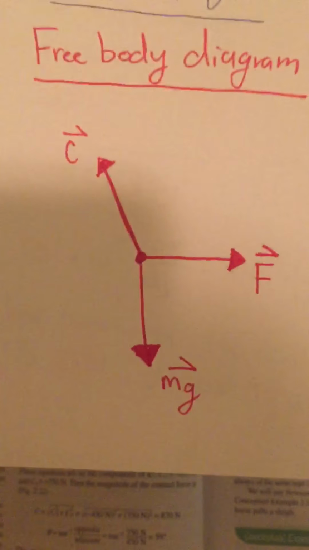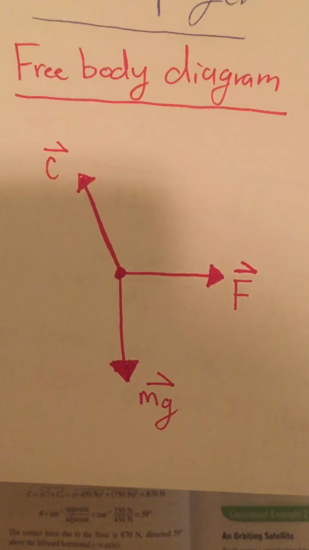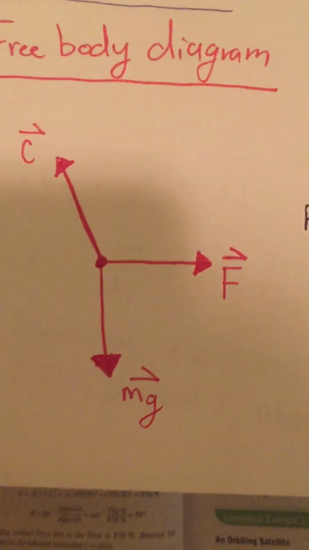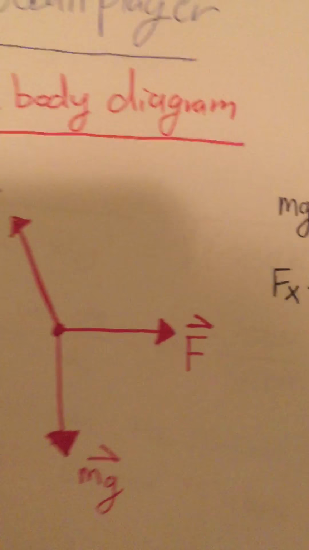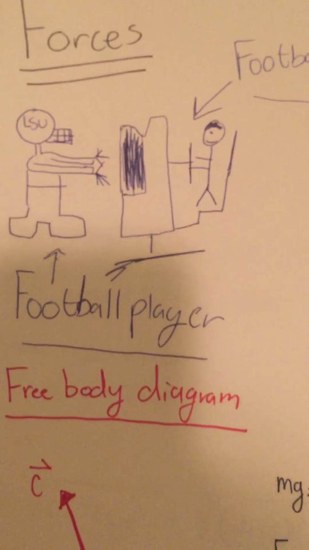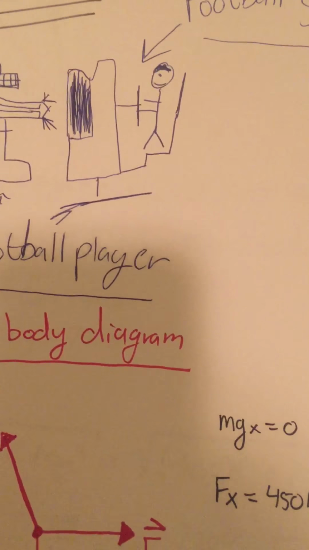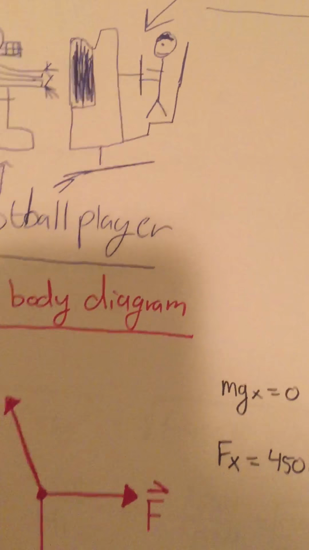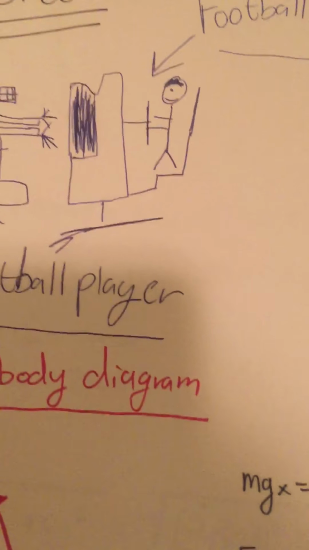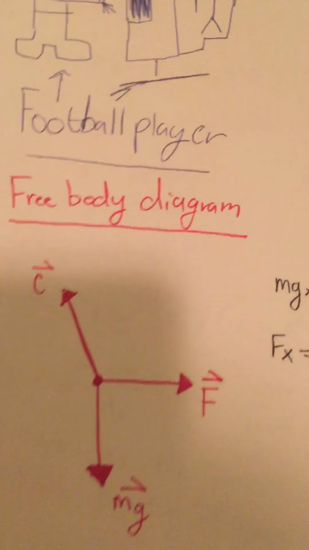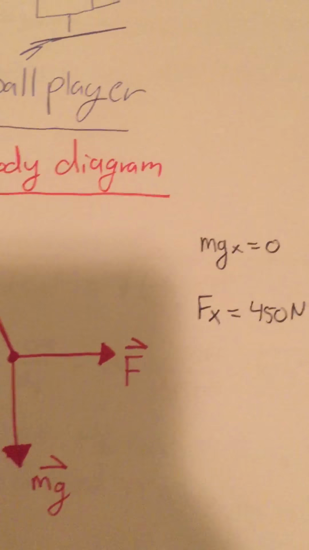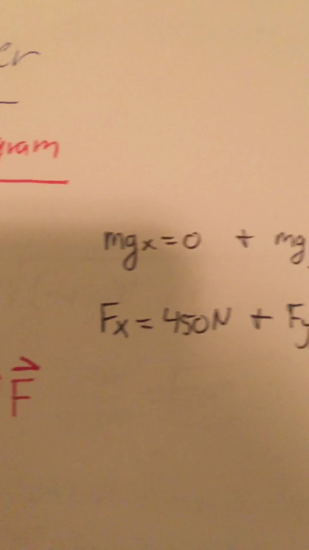So after you draw your free body diagram, you want to label your forces. Because I'm telling you, the force that is given is the weight of the sled, which is 750 newtons, and it is directed downward.